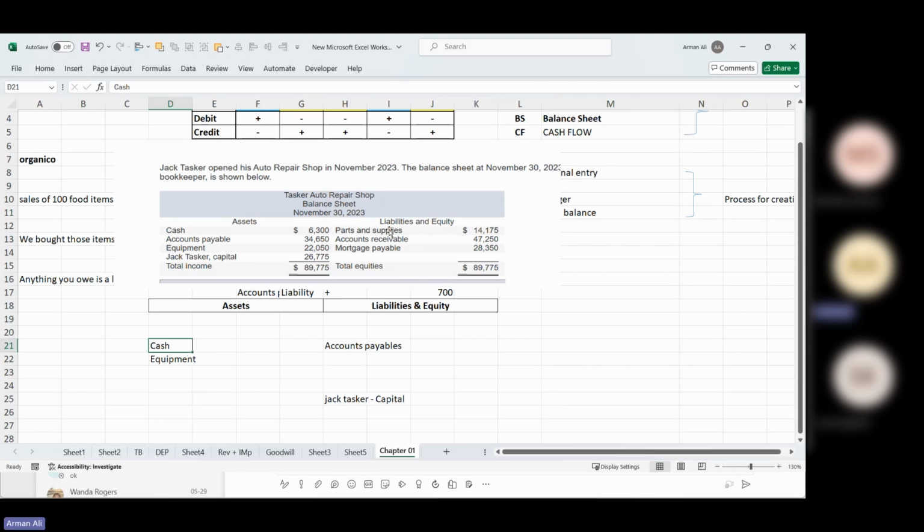The next thing on the right side under liabilities and equity is parts and supplies. So parts and supplies cannot be coming on this side. Think of parts and supplies like, in our example, we have Organico, and in the Organico business, for example, we decide to produce something. We decided to make tacos.